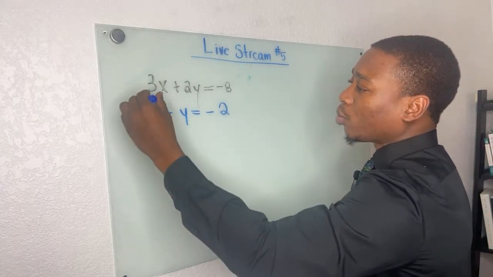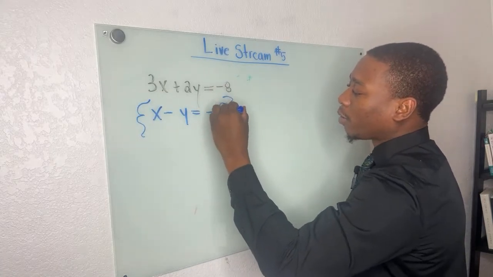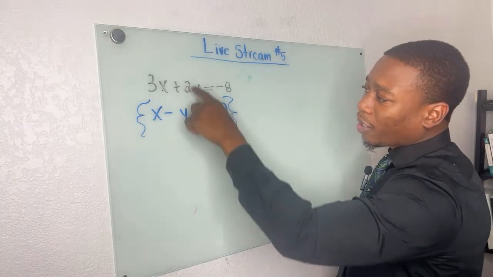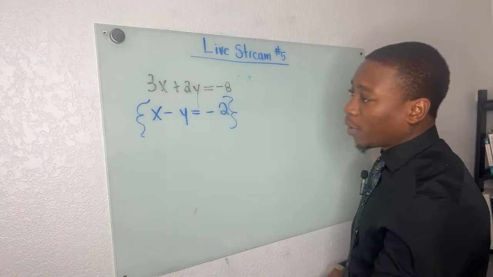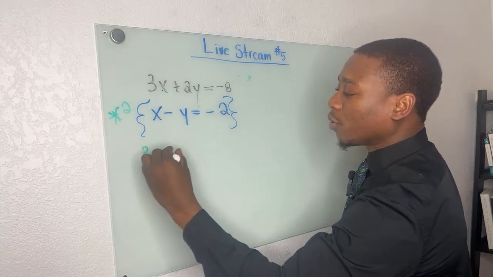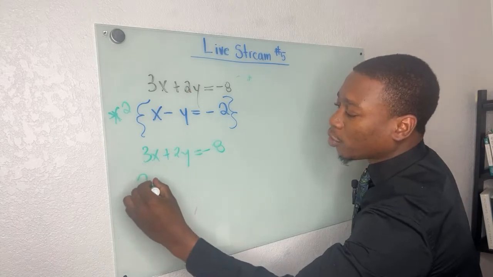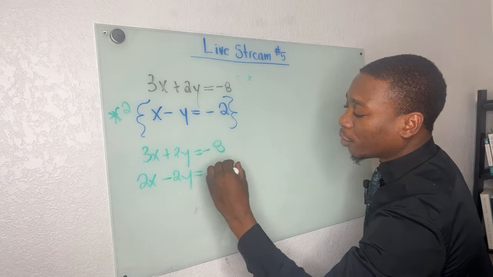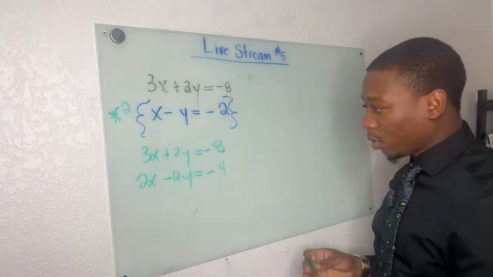So I'm going to go ahead and multiply this second equation by 2 so that I can cancel out my y's. So when I multiply the second equation by 2, let's rewrite the first equation. We're now going to have 2x minus 2y is equal to negative 4. Just remember that we're multiplying each term by 2.